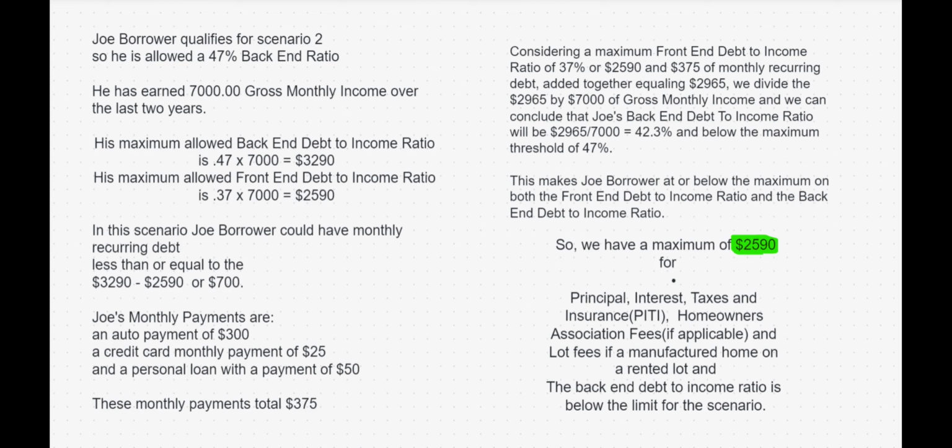This makes Joe borrower at or below the maximum on both the front end debt to income ratio and the back end debt to income ratio.